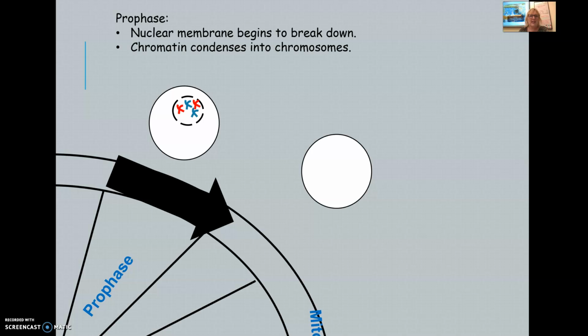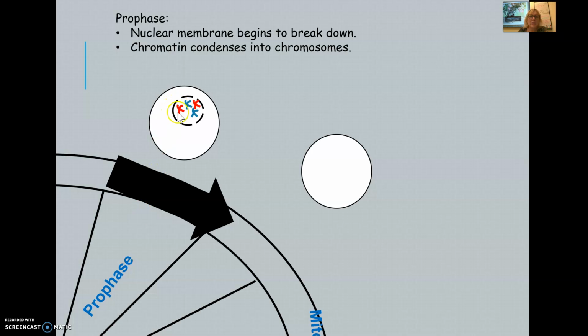Second, chromatin condenses into chromosomes. So now that DNA, like we were talking about last time, gets tightly wrapped around those histones and the chromosomes become visible. And remember that the chromosomes have duplicated during the S phase of interphase.